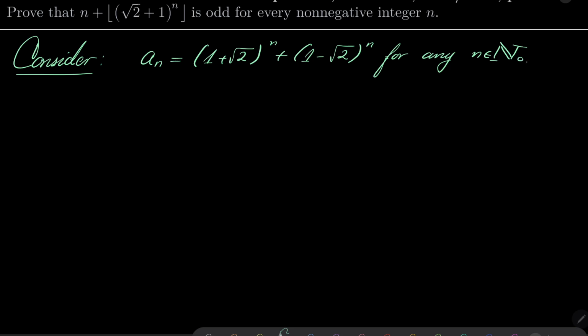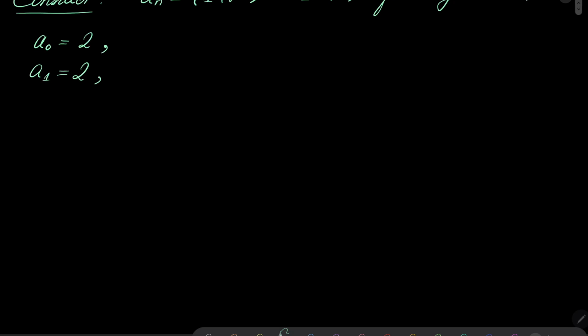I will try to form a recursion. Notice that what is a0? a0 is 1 plus 1, so it's 2. What is a1? a1 is 1 plus square root of 2 plus 1 minus square root of 2, it's also 2. Alright, and finally, what is a_n?